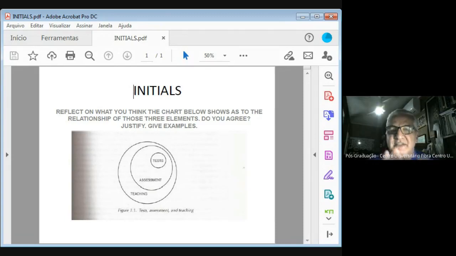Okay, so why the circles? Because this process is a cycle. So let's think together. You have a problem. You assess the problem, okay? Collect the information about the problem. Then you make a decision about the problem.